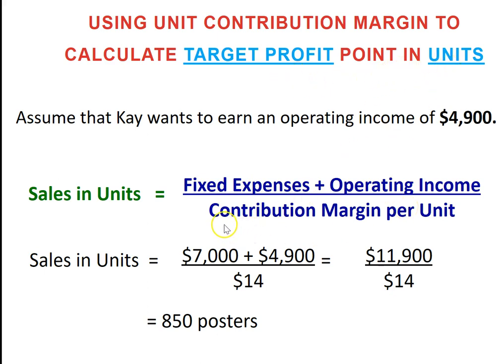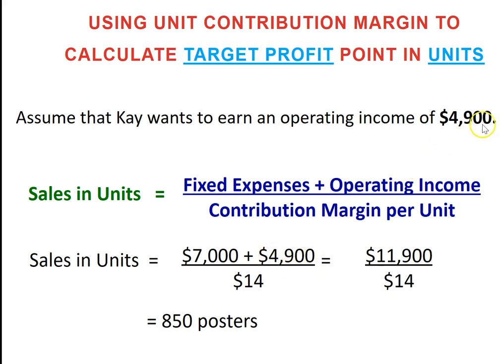I'm asking how many units. That's why your denominator will be contribution margin per unit, and your top part or numerator will be fixed expense plus operating income. Now here we are talking about a certain profit level, which is 4,900. So for operating income, we will plug in our target profit, 4,900. Remember, for break-even it was 0.